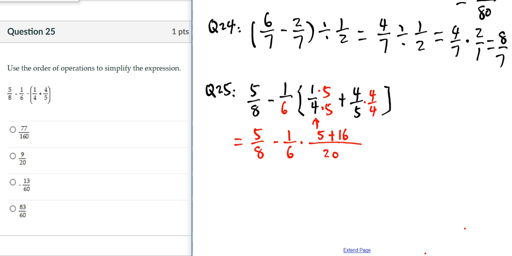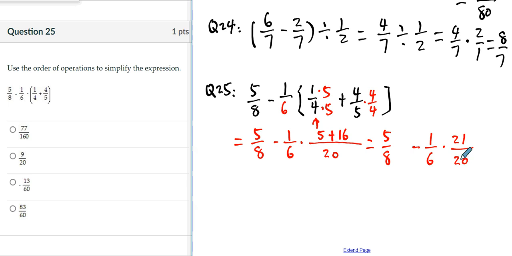Okay, looks like we are in good shape. Okay, keep going. And then you copy 5 over 8 and then subtract. Let me write this subtraction a little bit far away. So right here, subtract 1 over 6. And then here you have a 21 over 20.